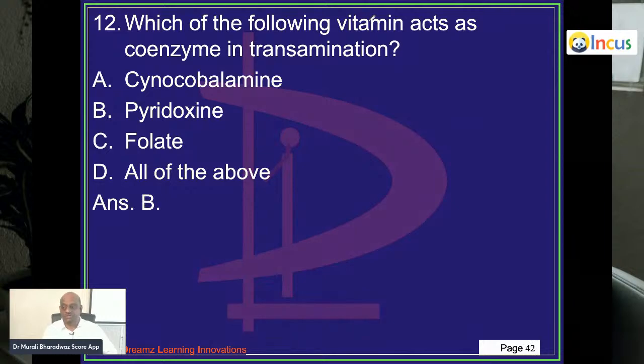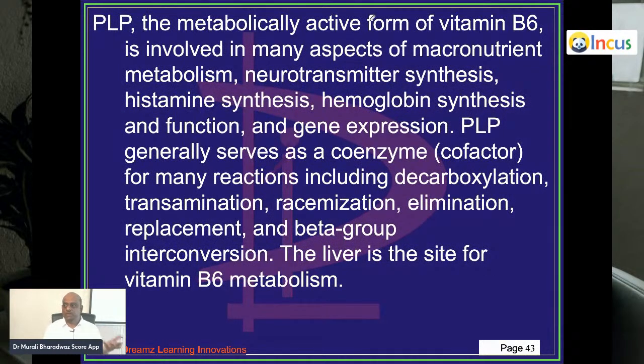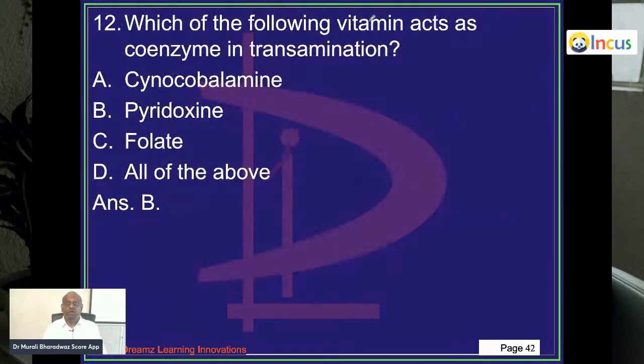Now, transamination reactions require pyridoxine. Once more, let me tell you, doctor, if you look at every NEET PG or INI CET paper, show me one without a question on vitamins.